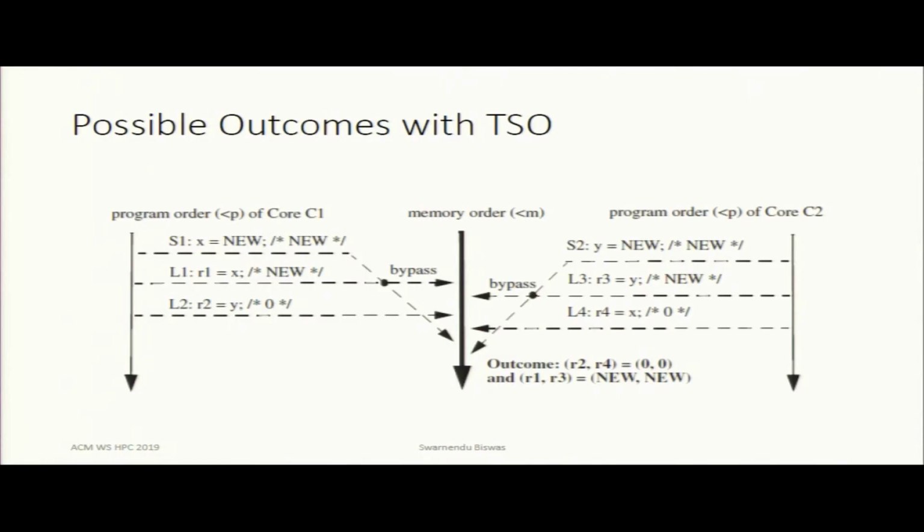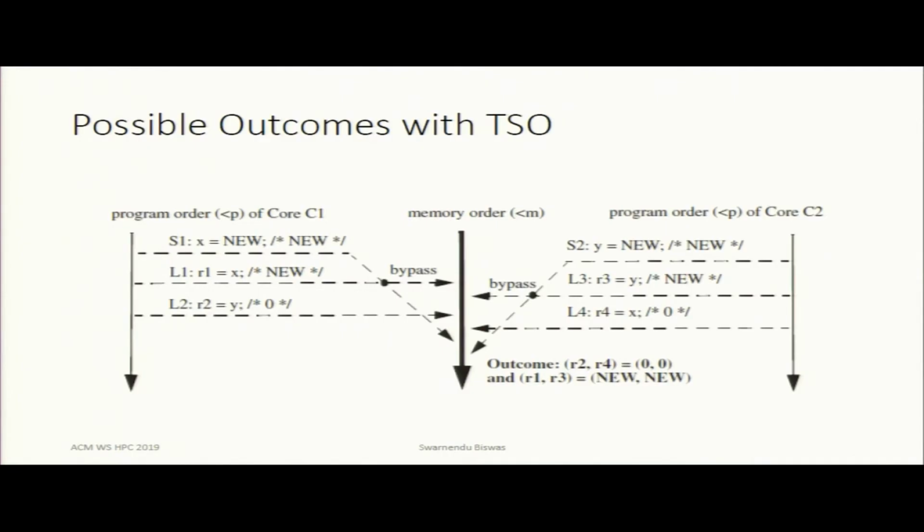We are calling it memory order over here. So what can happen is, this S1 can get reordered with this L1 and L2, right? These are store and loads. So this arrow is showing that in this global ordering, these can get reordered. Remember, store load reordering is allowed in TSO.